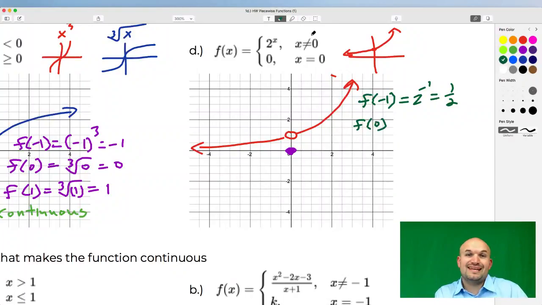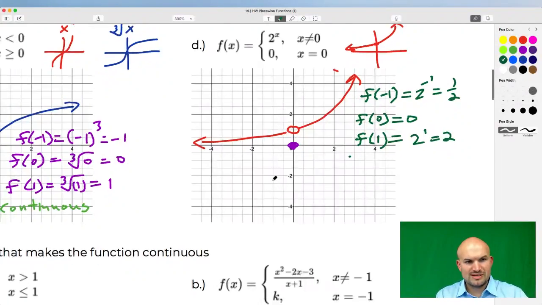F of 0, we can't plug 0 into this equation because it says this equation is only true for when x cannot equal 0. So we're like, hey, well, what is f of 0 then? Well, it's equal to 0. Okay. And again, guys, remember, if you were able to plug it in, 2 to the 0 power is 1, right? Okay. I think I mentioned that, but whatever. And then f of 1 here is going to be just plugged in, so that's going to be 2 to the 1 equals 2. Sweet.